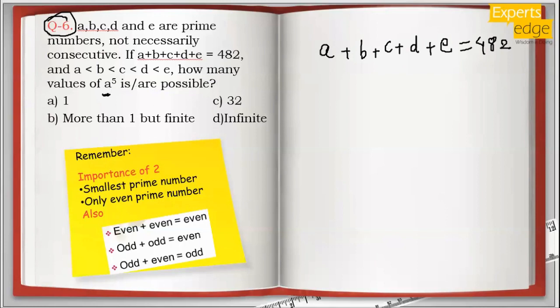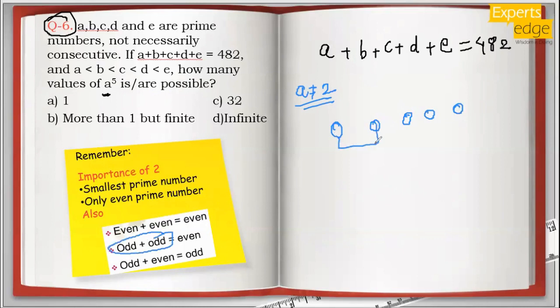Let's say I take the case where A is not equal to 2. I know the only even prime number is 2. Apart from 2, all prime numbers are odd. So A will be odd, B will be odd, C will be odd, D will be odd, and E will also be odd. And I know odd plus odd is always even.